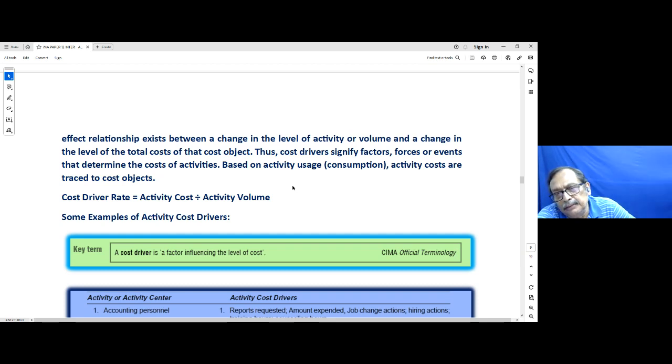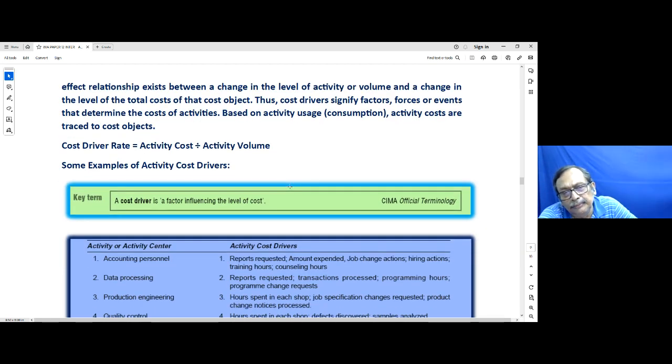Based on activity usage, that is consumption, activity costs are traced to cost objects. So the cost driver rate is the activity cost based upon the cost pool divided by activity volume. Some examples of cost drivers I'm going to give, but remember, CIMA official terminology defines a cost driver as a factor influencing the level of cost.